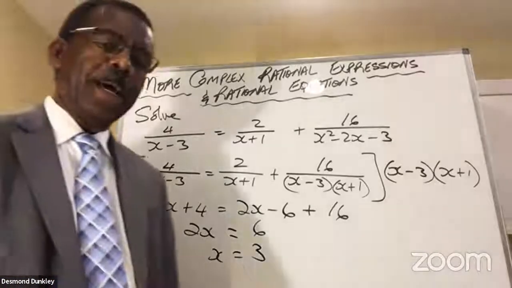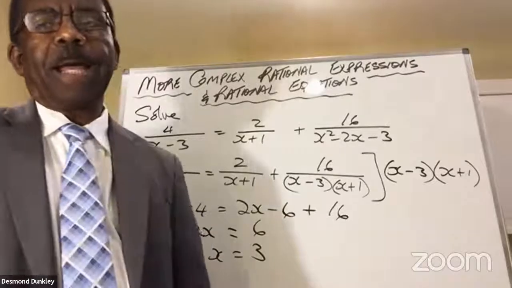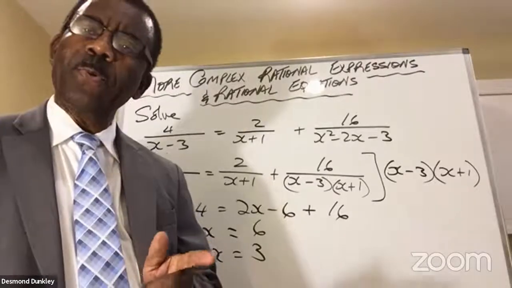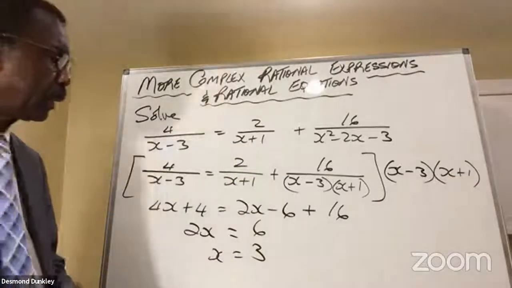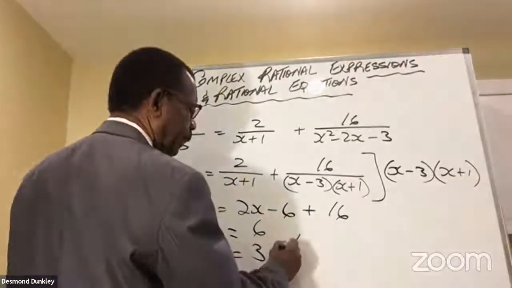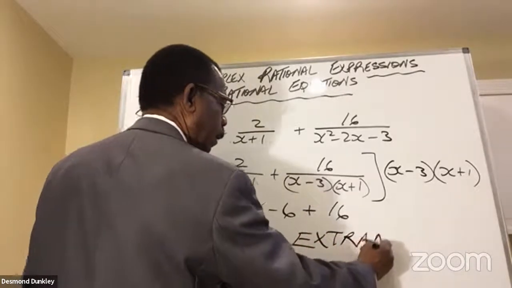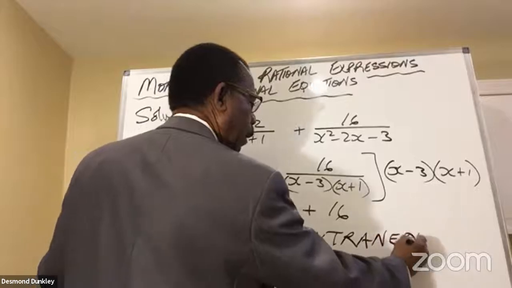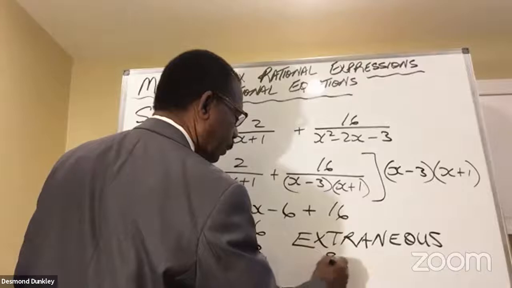Okay? Now, this answer we got, 3. I introduced a word to you, I think last time we met, and that word was extraneous, or I should say expression, extraneous solution.